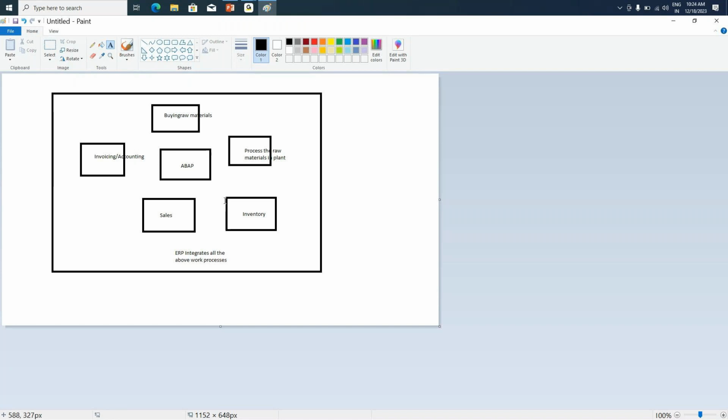ABAP will have more openings in the market, so we are always in demand. ABAP is always in demand because our hiring is more, our requirement is more, our responsibilities are less, right? That is the reason it is better to choose ABAP rather than comparing it to any other modules out there.